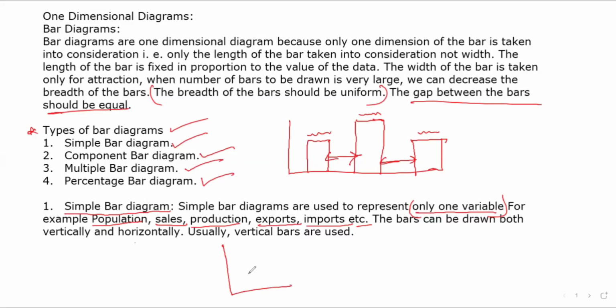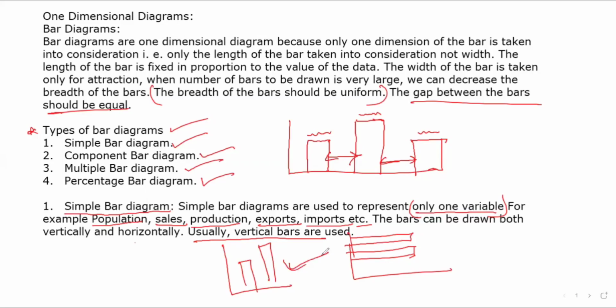We can draw the bars like this, vertically, and like this, horizontally. But usually vertical bars are used in practice. So we use a simple bar diagram to represent only one variable.